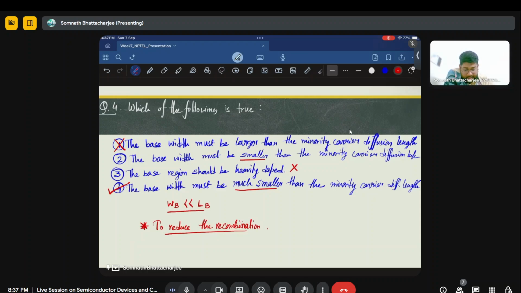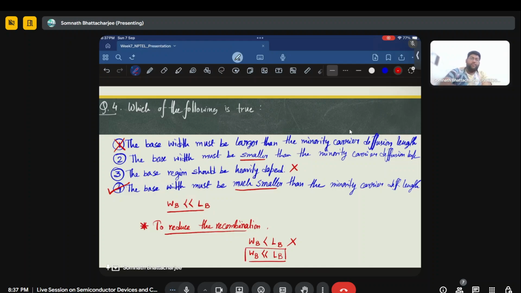Now, if we take WB comparable to LB, what will happen? As that is the average length, many of the minority carriers may recombine before even reaching the opposite side, that is, before reaching the collector side. So they will recombine within the base itself, and there will be very little current in that case. That's why we need it to be much smaller, to reduce the amount of recombination happening.